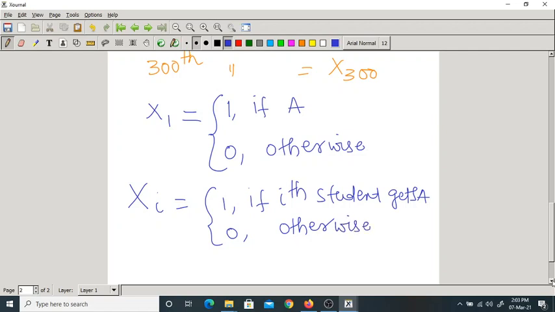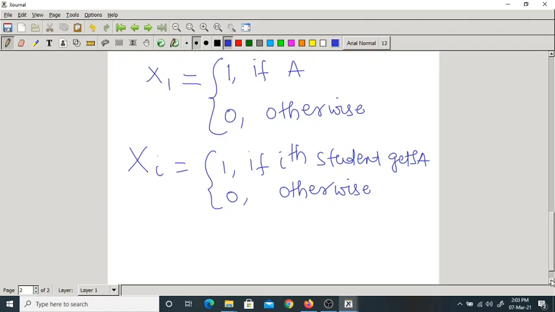Now, what is the PMF? Let me write the PMF of x1. P_x1 of x. Here small x can be 0 or 1.